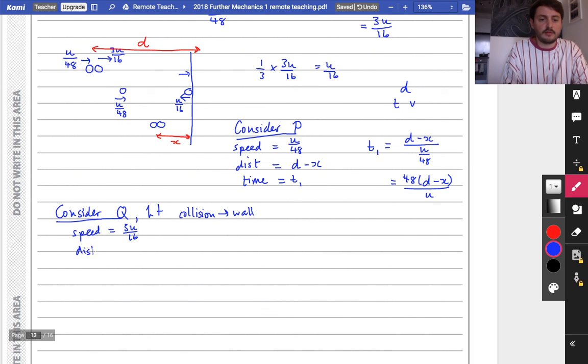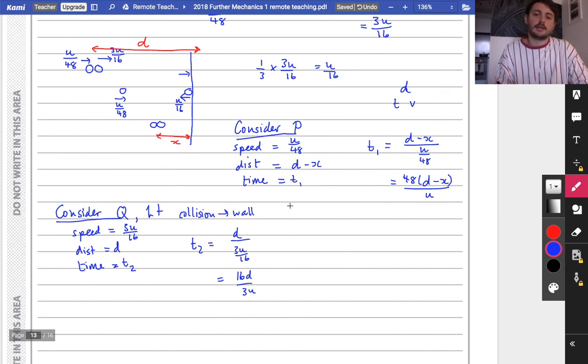The distance to the wall is d, and the time I'm just going to call t2. And t2 is equal to the distance divided by 3u over 16. Multiplying the top and bottom by 16, I get 16d over 3u.